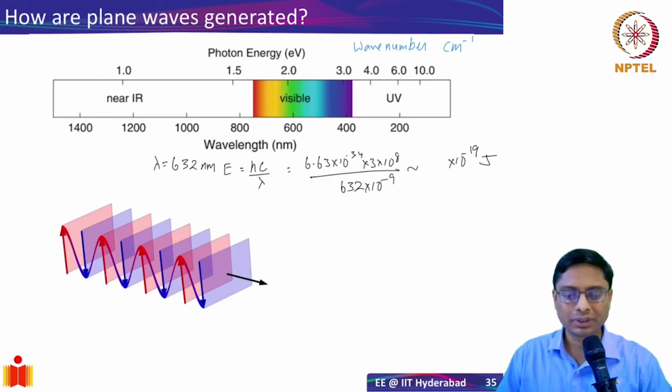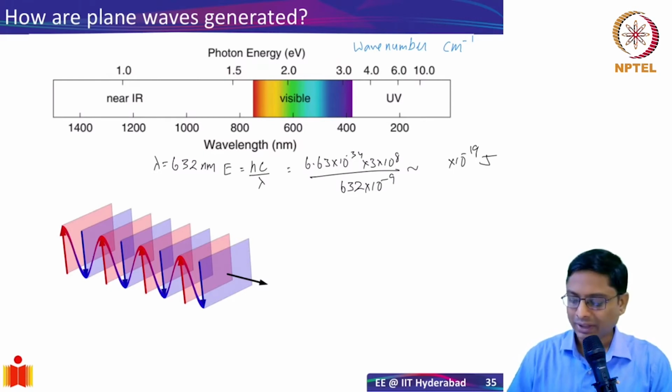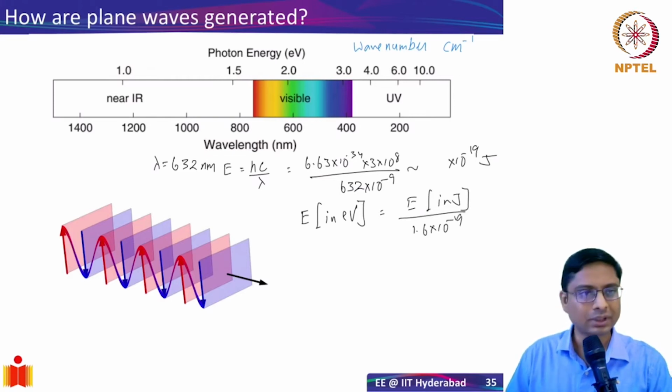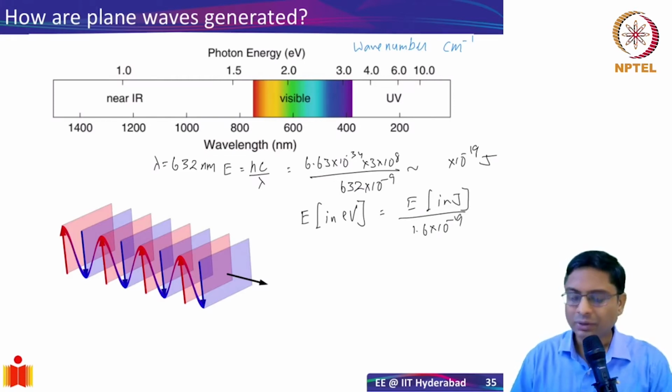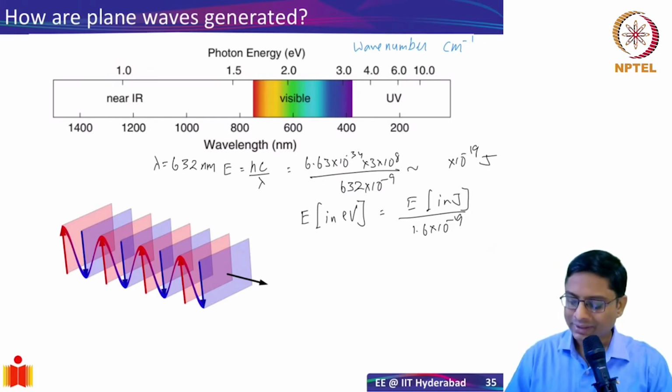So we use another unit, where we take the energy in joules and divide it by the charge. So energy in eV is simply energy in joules divided by 1.6 times 10 power minus 19, the charge of the electron, and that gives me the energy in eV. So if you calculate this for lambda equal to 632, this energy in eV will turn out to be roughly 2 eV.